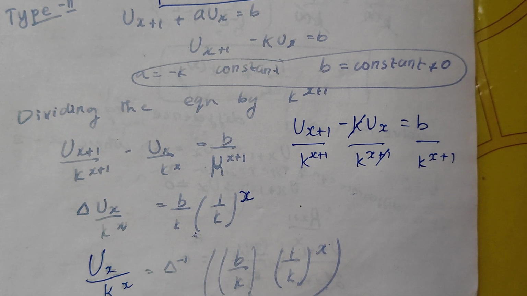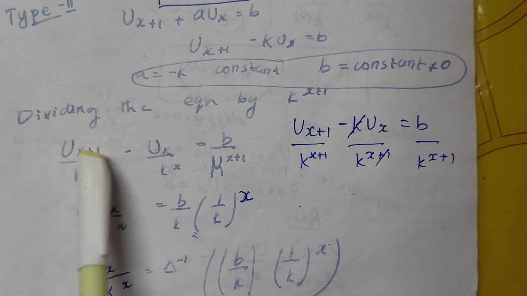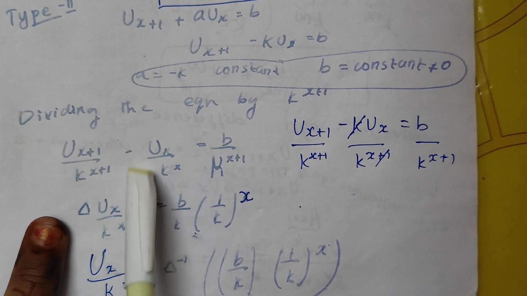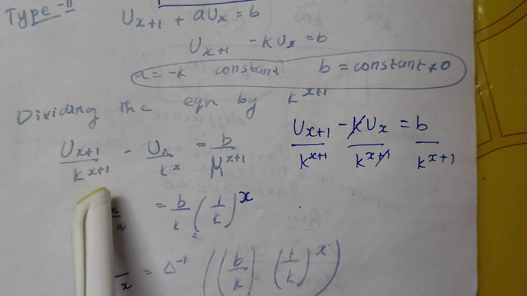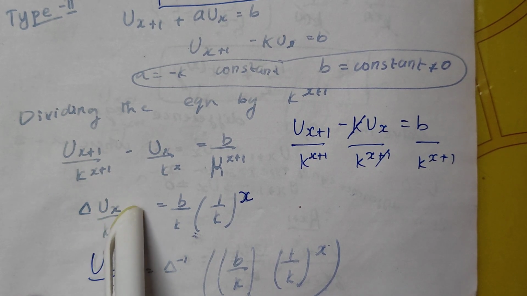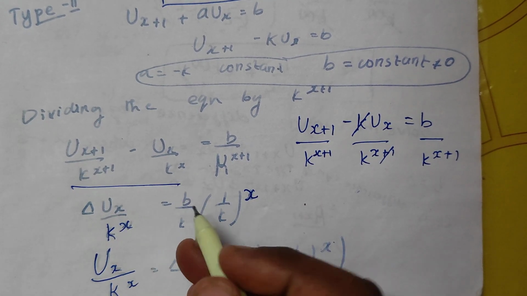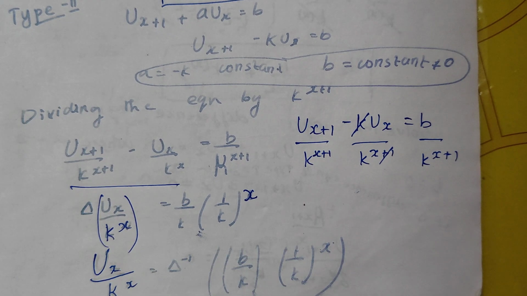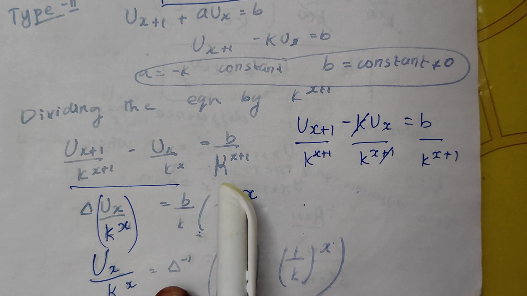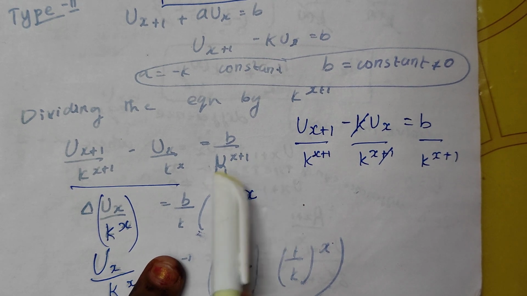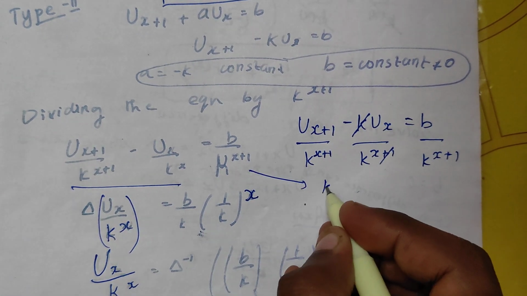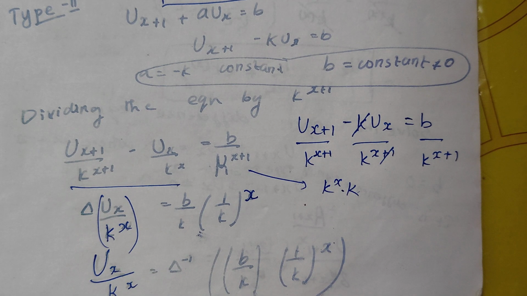See here, it is in the format of the successive term minus the before term, so we can write these two terms as delta of u(x) divided by k power x, which is equal to, converting k power x plus 1 as k power x into k, b divided by k, which is constant.